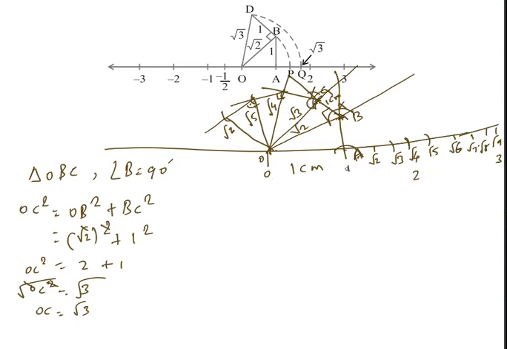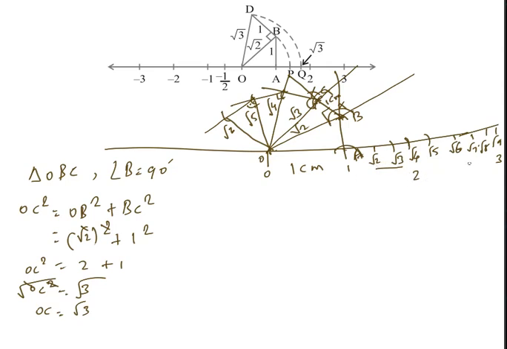So in between 1 and 2, we will get 2 irrational numbers, root 2 and root 3. In between 2 and 3, we will get more irrational numbers. We have got 2 irrational numbers now in between 1 and 2.